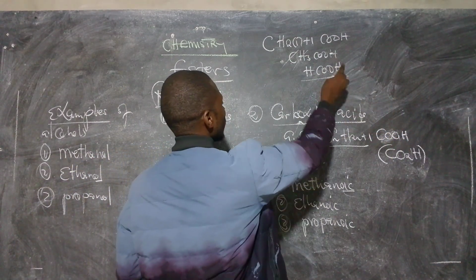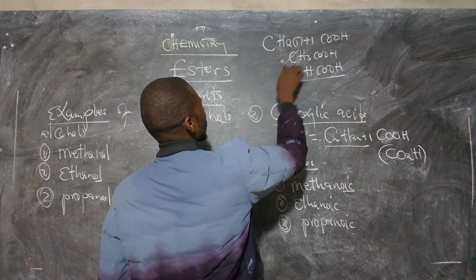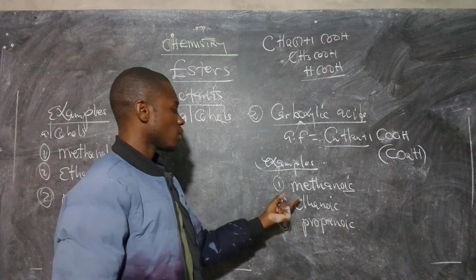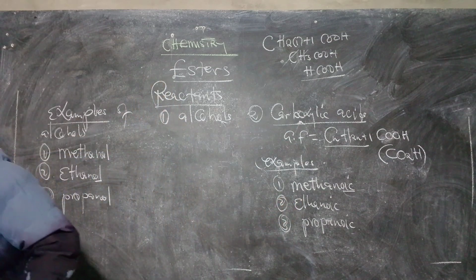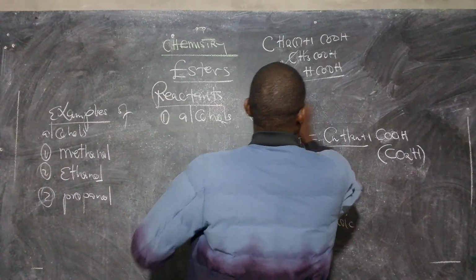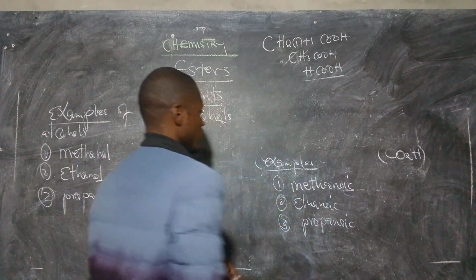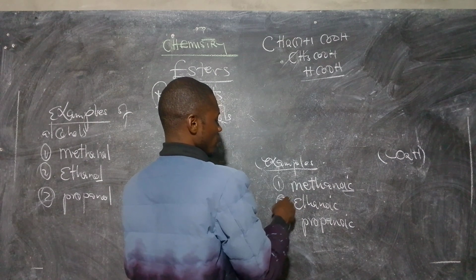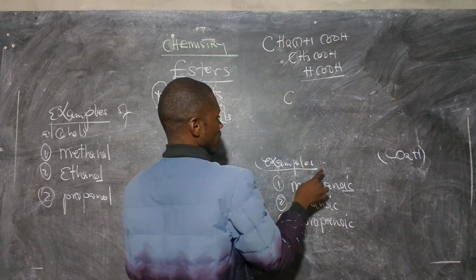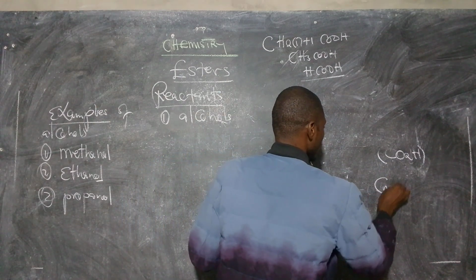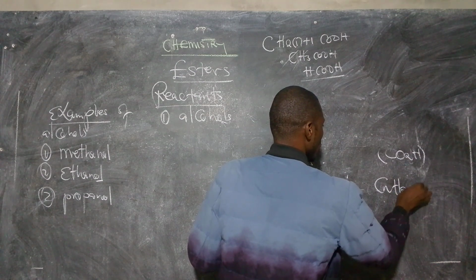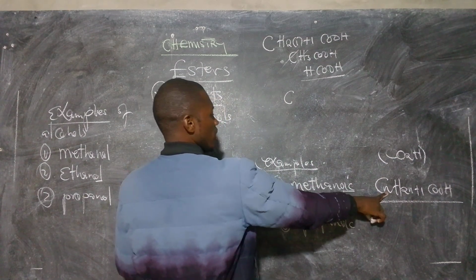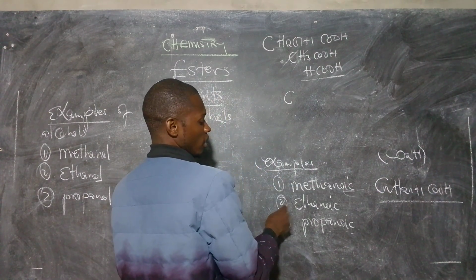Let's look at another example. This was methanoic acid, the first one. Let's make the second one, ethanoic acid. For ethanoic acid, we know that ethanoic is number 2. So what is N? Remember the formula here, CnH2n plus 1, then the functional group there. Where there is N, we put 2 because we are on number 2.